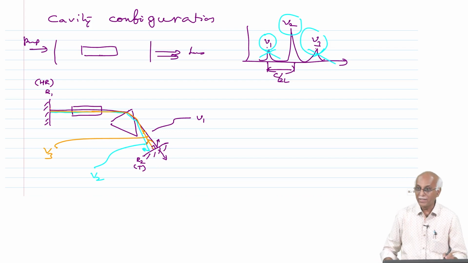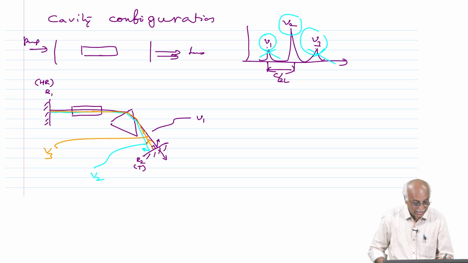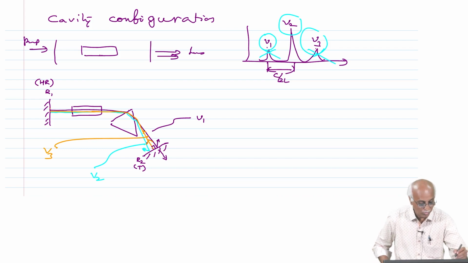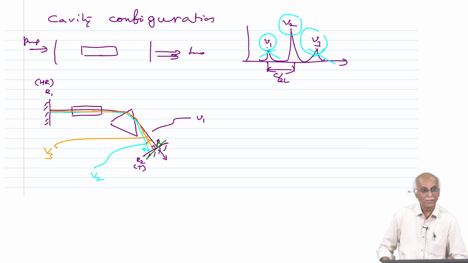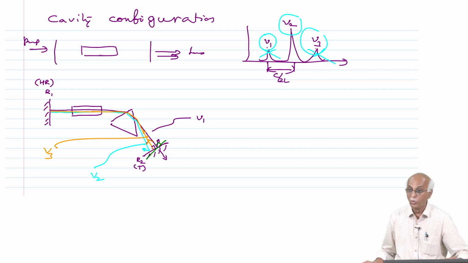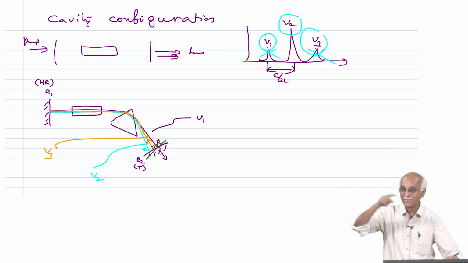So, indirectly, if I change the angle of this mirror in such a way that this right mirror is tuned to, let us say, 90° to this right violet, then only nu1 will oscillate, right.